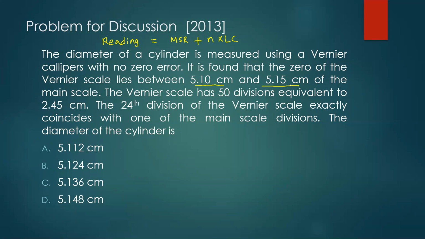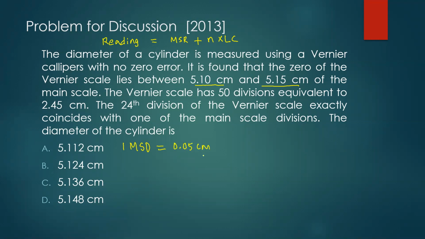So I have 5.10 and then I'm directly going to 5.15 on the main scale. There is nothing in between. So one main scale division is worth 0.05 centimeters. You understand?